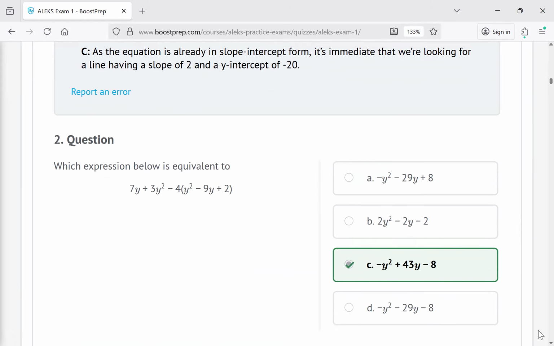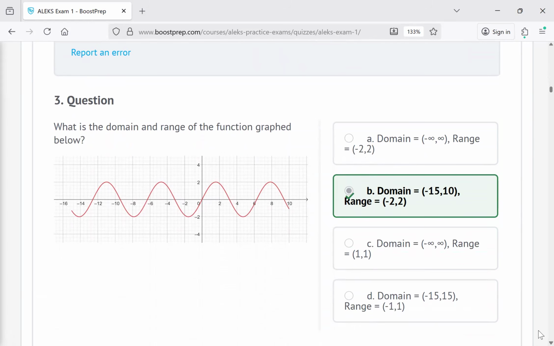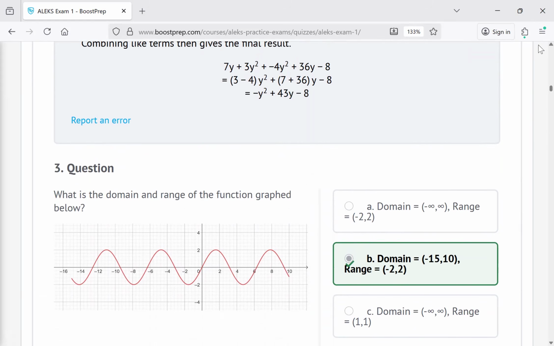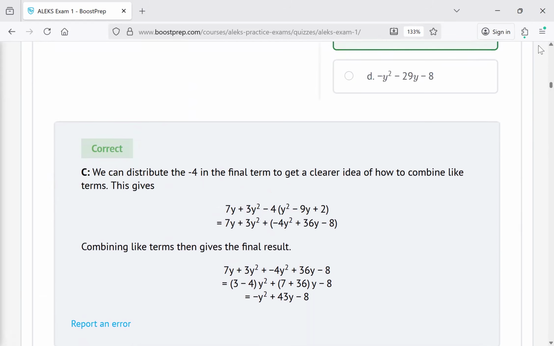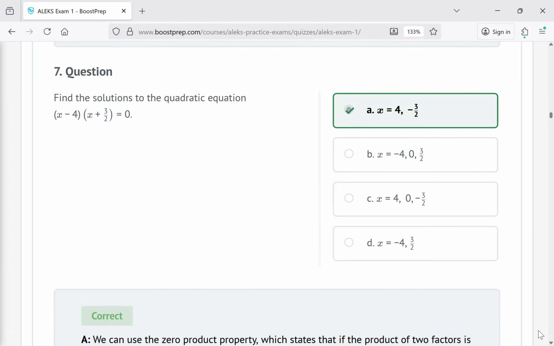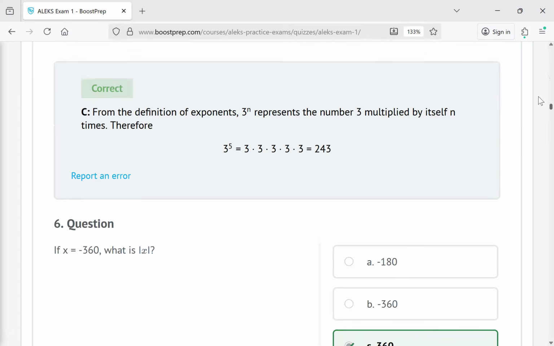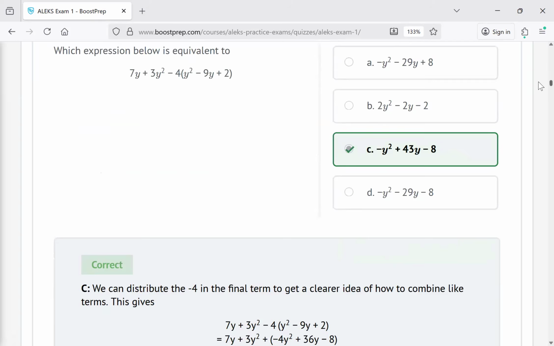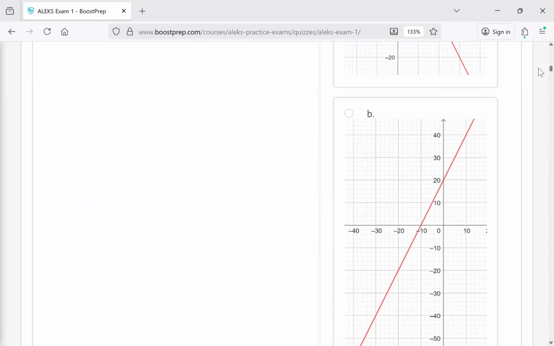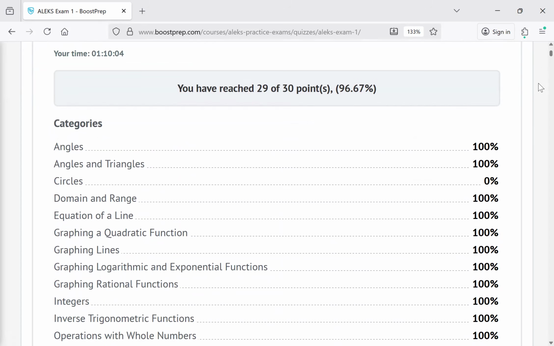Yeah, it's question three that I got wrong. Oh, wait. Which one is it? It's the circle.